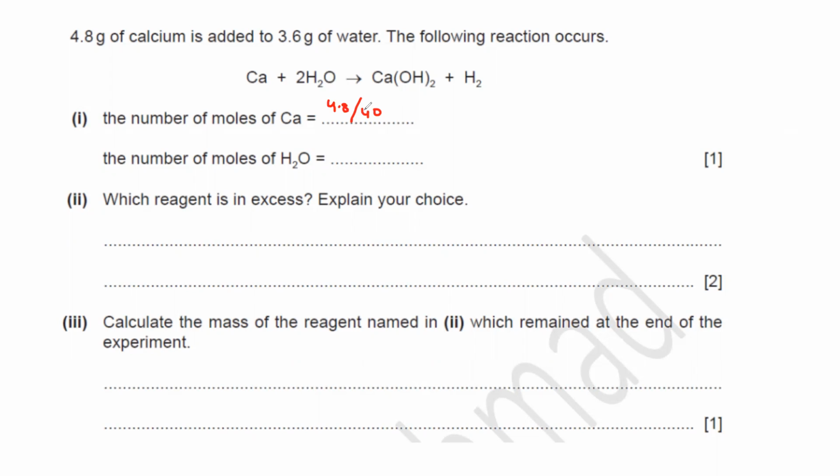So 4.8 divided by 40 is equal to 0.12. So we have 0.12 moles of calcium, and 3.6 divided by 18, because the molecular mass of water is 18, is equal to 0.2. So these are the moles which we have.